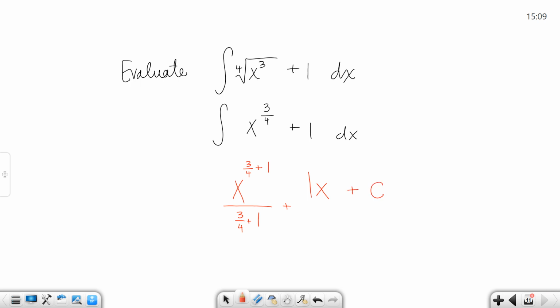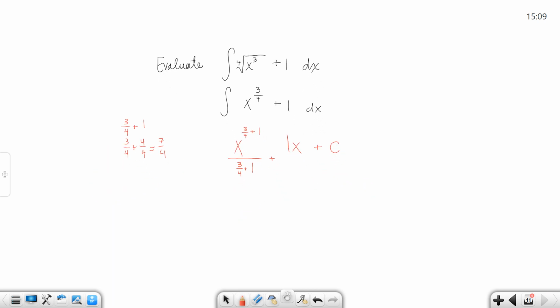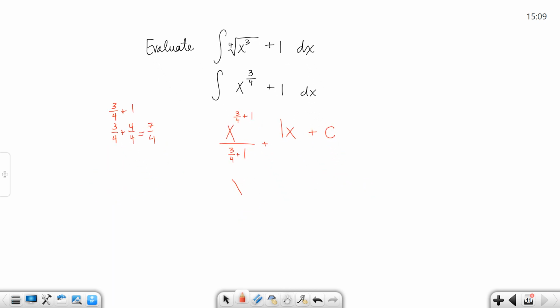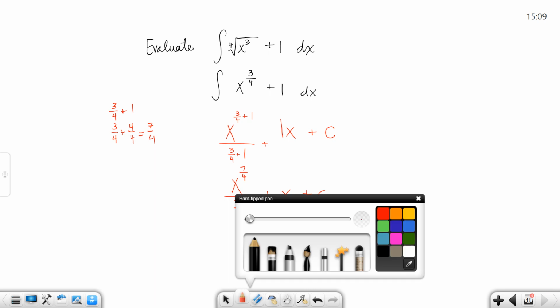Okay, so now all we have to do is simplify it. 3/4 plus 1 would be 3/4 plus 4/4, which is 7/4. So this would be x to the 7/4 over 7/4 plus x plus c.